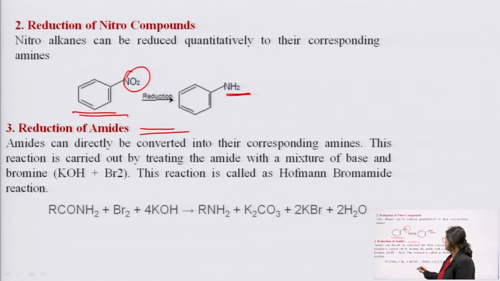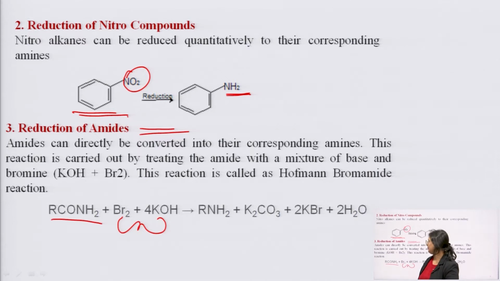A mixture of bromine and base in the form of potassium hydroxide, when reacted with an amide, for example RC double bond O NH2, gives a primary amine.